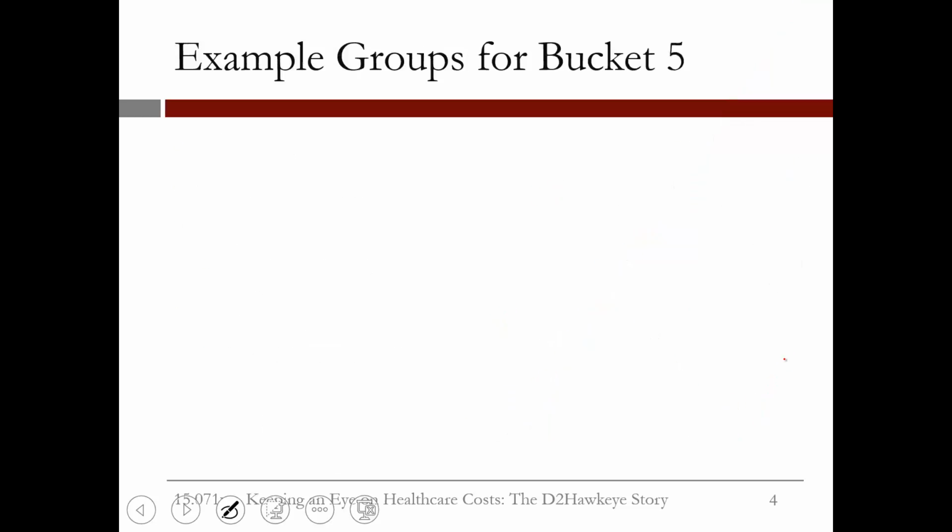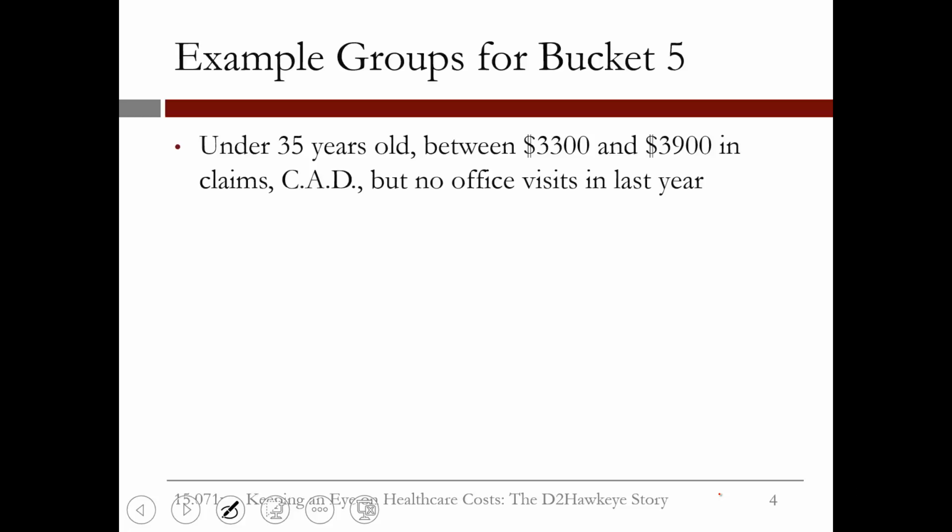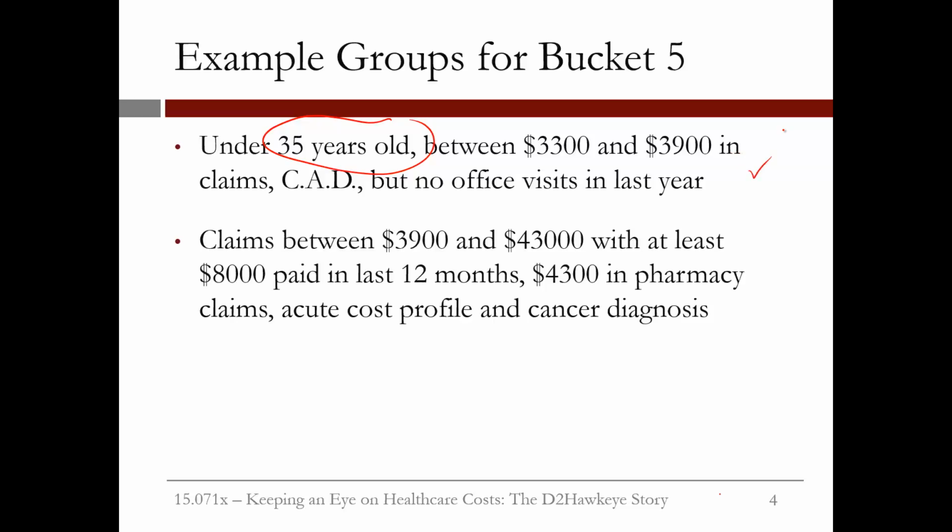So let us give some examples of bucket 5. An example is as follows. The patient is under 35 years old. He has between 3,300 and 3,900 in claims, coronary artery disease as a diagnosis, but no office visit in the last year.